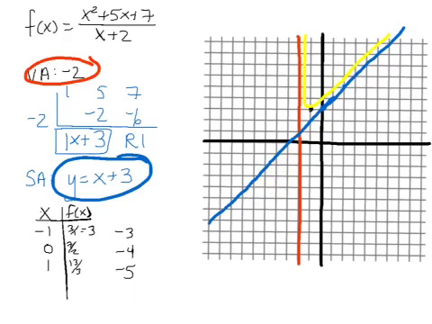If we plug in -3, we get 9 minus 15, which is -6, plus 7 is 1, over -1, so -1.